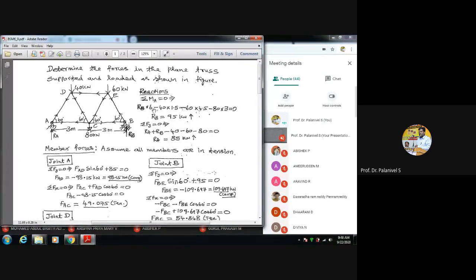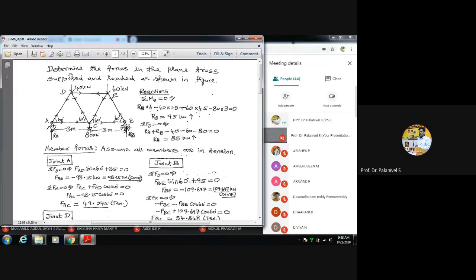Minus this 40. While taking moment, you have to concentrate only on the point where you are taking moment, and the load under consideration, the truss as a whole. This 40 kilonewton tends to rotate the truss in clockwise direction. That's why minus 40 into the perpendicular distance from the point to the line of action of 40 kilonewton.